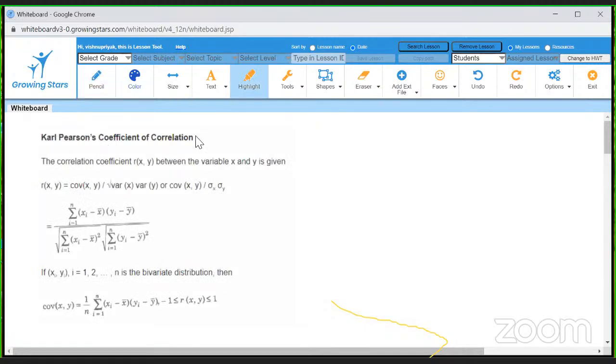Next is coefficient of correlation. What is the coefficient of correlation?